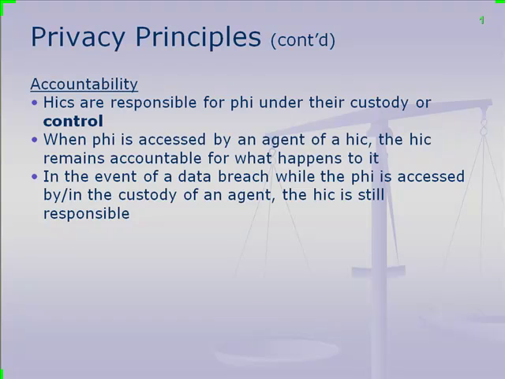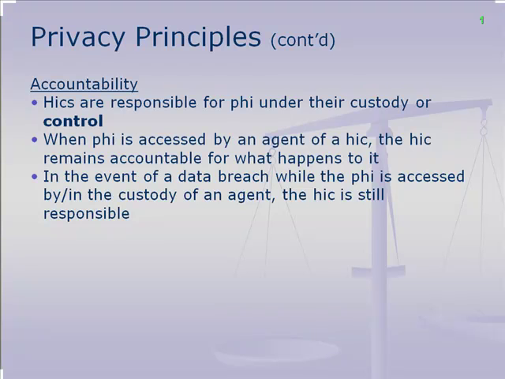I think the commissioner's view is that she still has to make an order against the custodian, the HIC, as well. And I think that in the submission she made for the review of PHIPA, she was looking for clear authority to make an order against the agent alone. I don't think that change is going to be made.